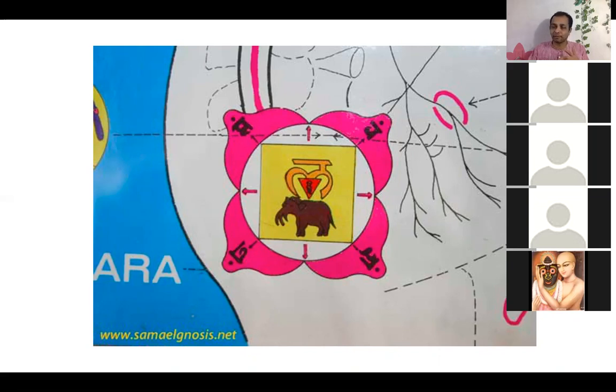Dvesha is aversion, abhinivesha is the strong attachment. So even if you are a yogi, until you have that realization, this attachment causes anxiety. Basically, a yogi has to calm down.